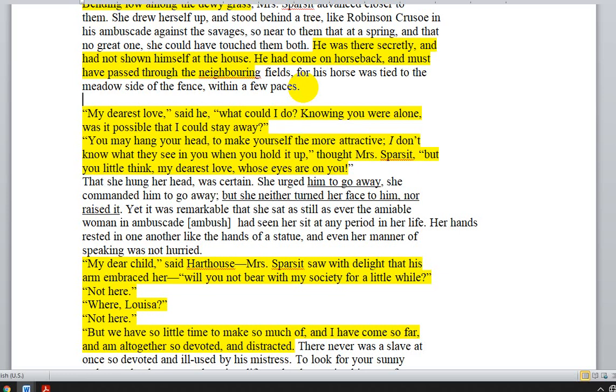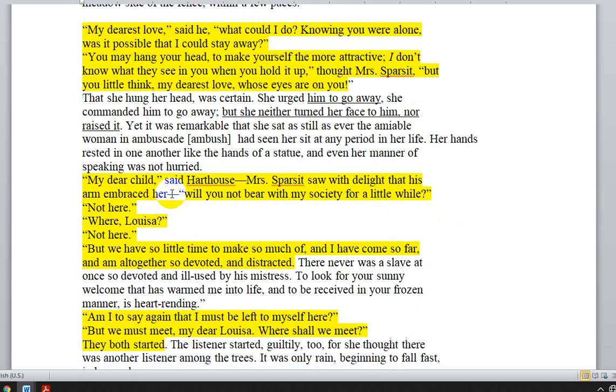"I don't know what they see in you when you hold it up," thought Mrs. Sparsit. "But you little think, my dearest love, whose eyes are on you." See, this is how the writer shows us that this kind of relationship has developed much further, that Louisa now started to be described by James as a dearest love.